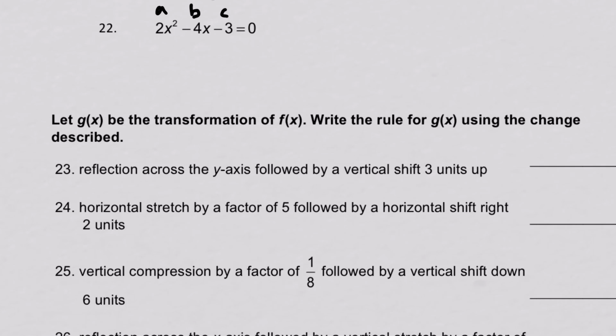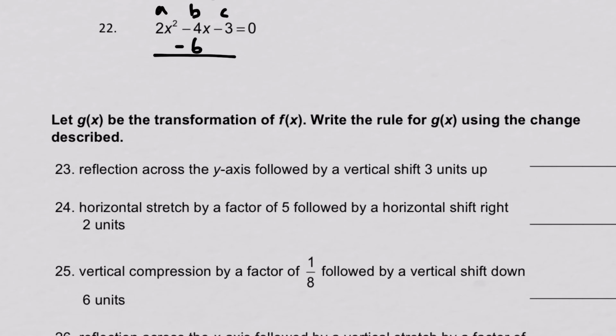So a times c is negative 6, right? 2 times negative 3. I'm seeing if I could factor. Two numbers that I can multiply to make negative 6, but when I combine them together, they make negative 4. 1 and negative 6, no. 2 and negative 3, no. It doesn't seem to work. Nope, doesn't seem that's going to work.